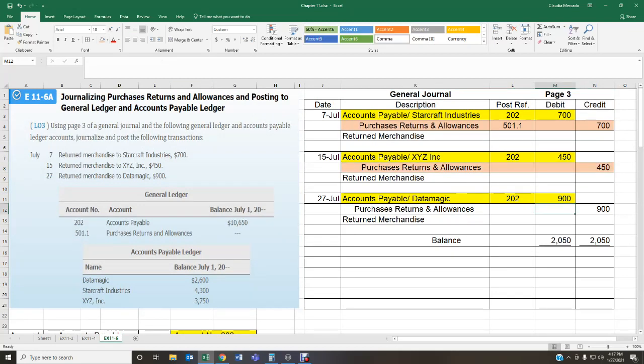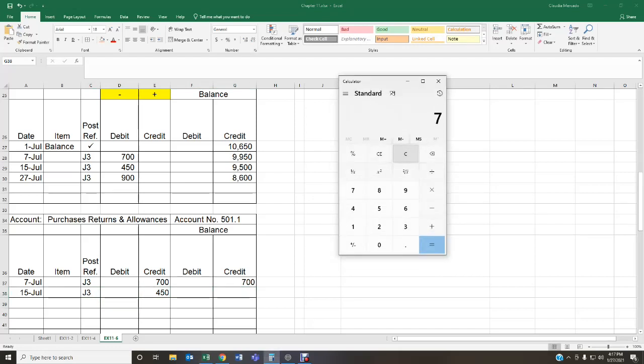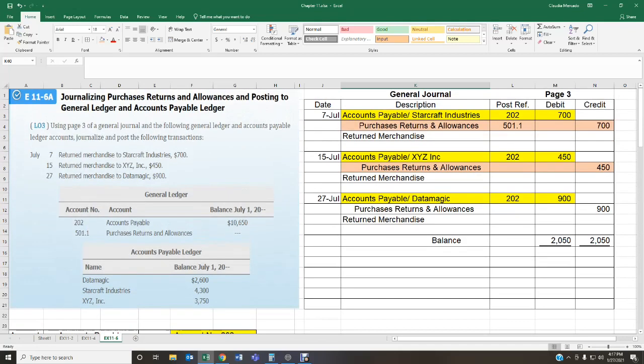450, and this is happening July the 15th. It's journal 3, and it's a credit of 450. Because they're both credits, I am going to add my 700 plus my 450. That gives me 1150. Then I go back and enter my 501.1 right there.